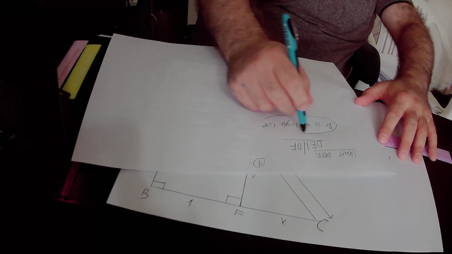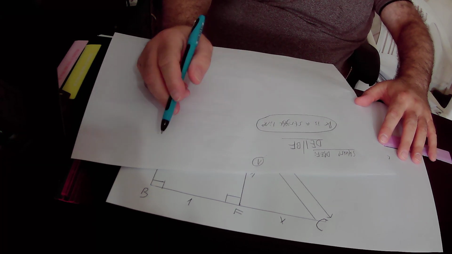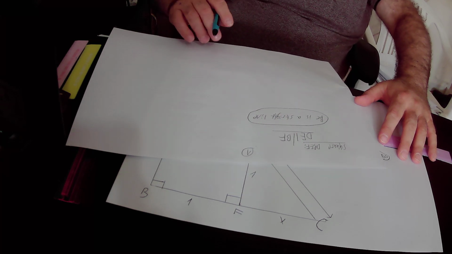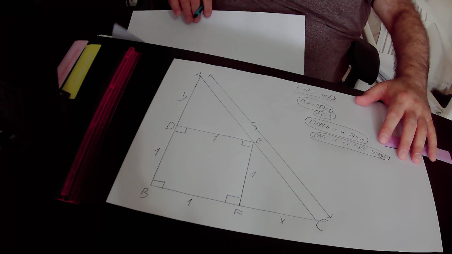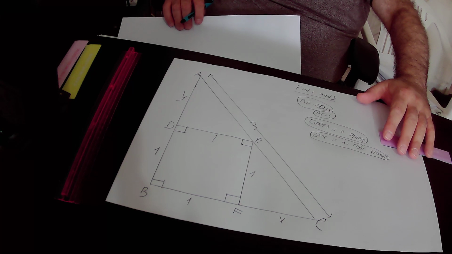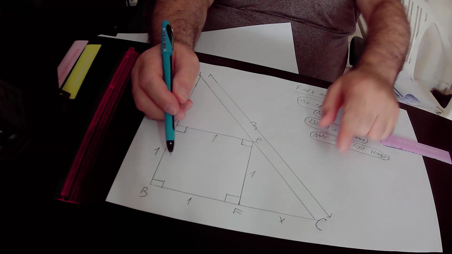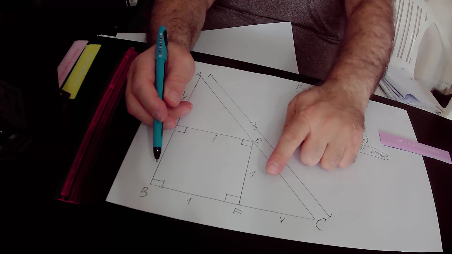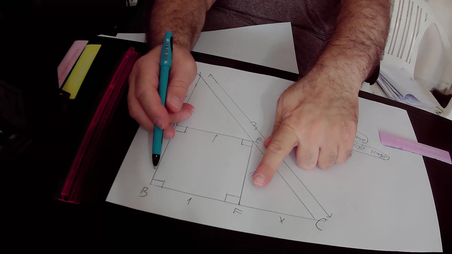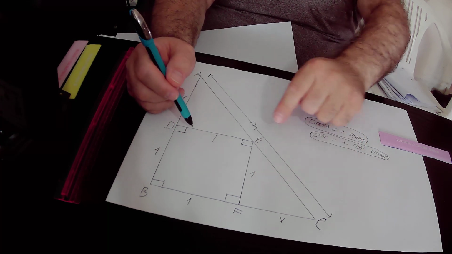Line segment BC is absolutely a straight line. And we know that part of the straight line BC, that is to say BF, is parallel to DE.